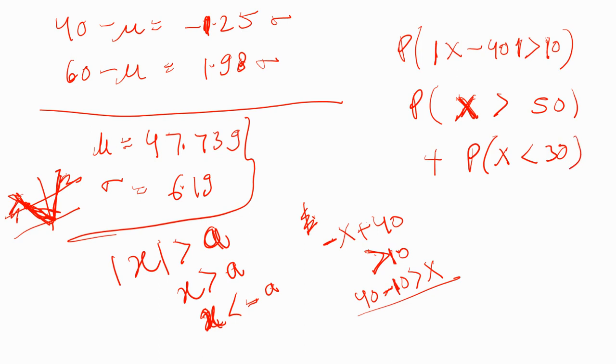So x is either greater than 50 or x is less than 30.